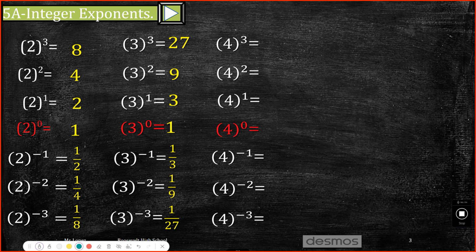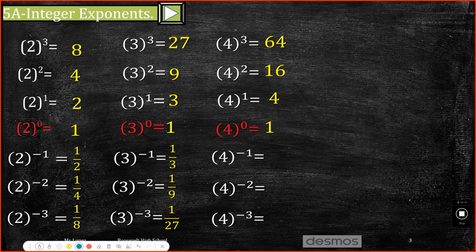4 to the third. 64. 4 squared. 16. 4 to the 1. 4. 4 to the 0? 1. I already gave it away.